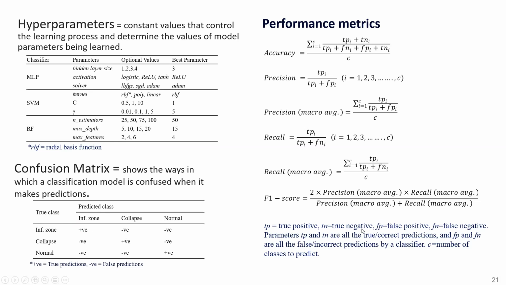We can also predict a true negative, where it is correctly predicted that there is no relationship between input and output. You can also have false positive and false negative. And C is the number of classes predicted. From that, we can develop measures like accuracy, precision, which is again a function of all these classifications. We can have precision as a micro average, micro average recall, and the F1 score.